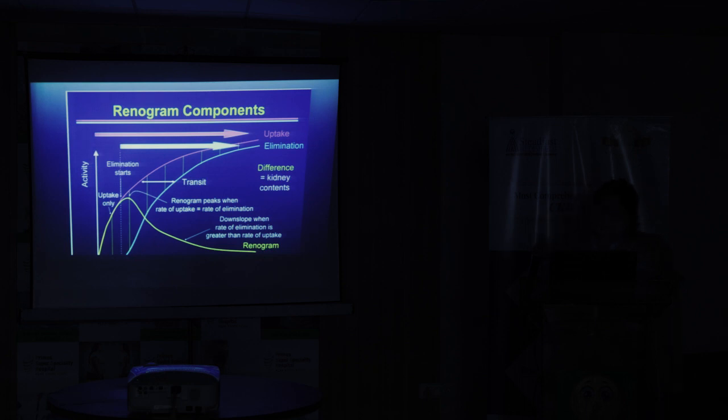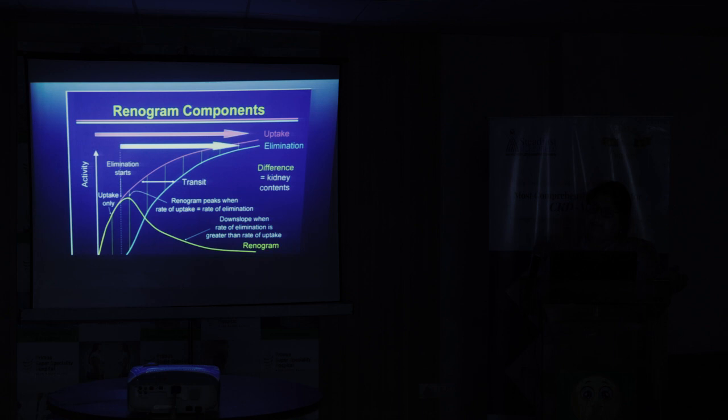Now, if you look at the renogram, you just have to understand this slide, and then you can understand the renogram. The initial uptake phase is simple to understand, right? The kidney is extracting the tracer from the blood vessels and from the blood, and it's building up in the kidney. At some point, you reach an equilibrium when the uptake and the excretion become equal.